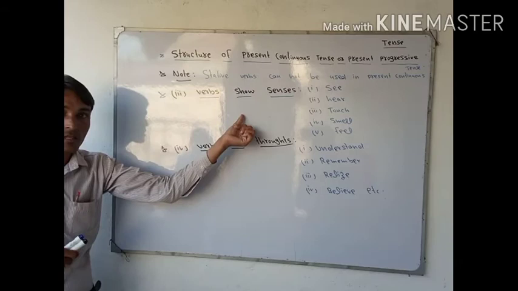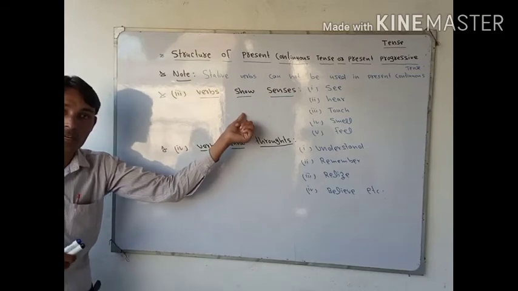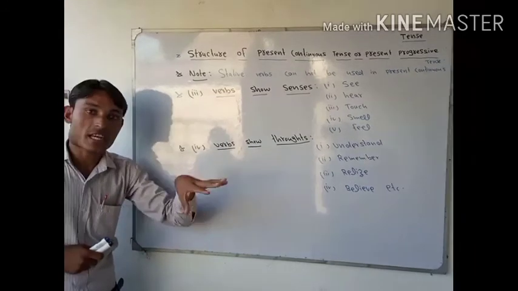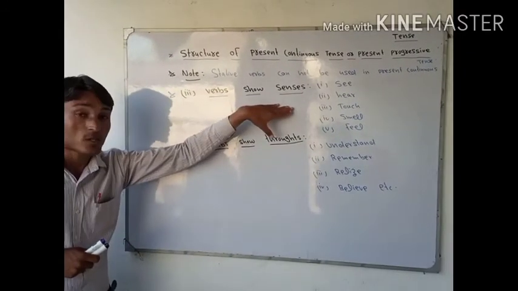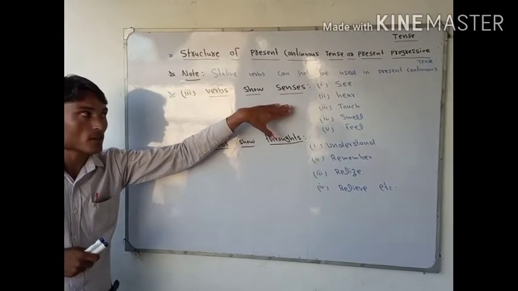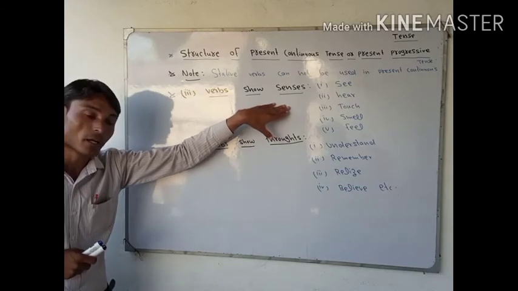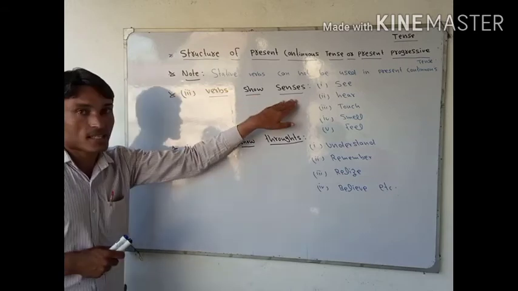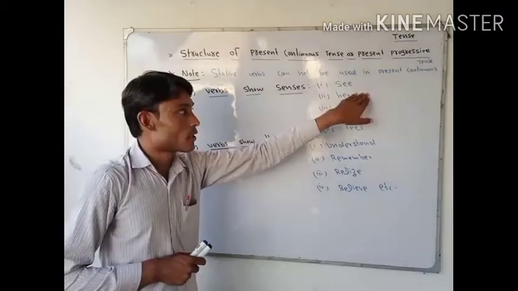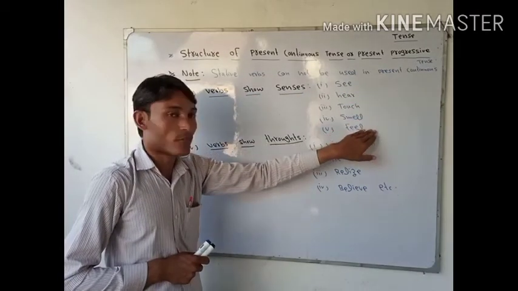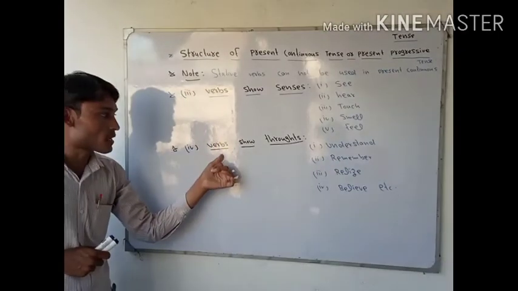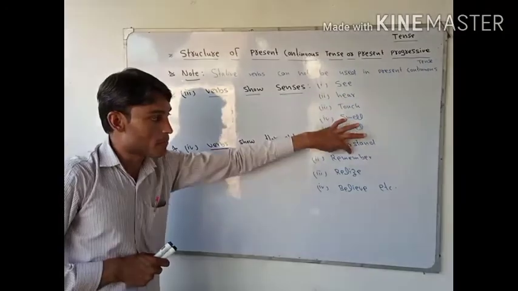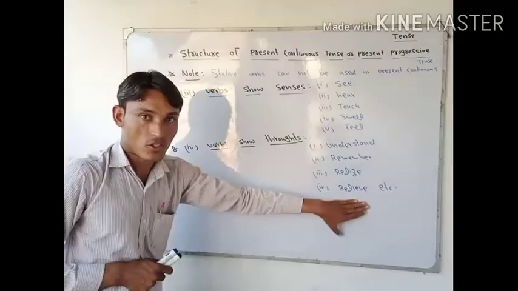The first is those which express emotions, for example love, hate, etc. The second is those which express possession, ownership, for example have, own, belong, etc. The third is verbs that show senses: see, hear, touch, smell, feel, etc. The fourth is verbs that show thoughts, for example understand, remember, realize, believe, etc.